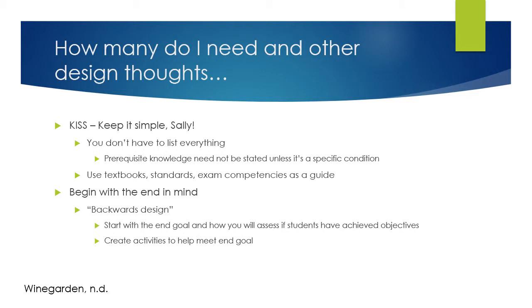And so if we are working in a module where we're doing math, I would not need to list all of anything related to statistical analysis that should have been covered as part of general education courses that needed to be completed prior to coming to the laboratory science program, unless it's something that they specifically need to be able to do because I'm asking them to do it on an exam.